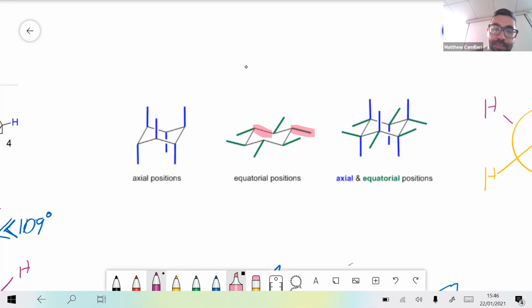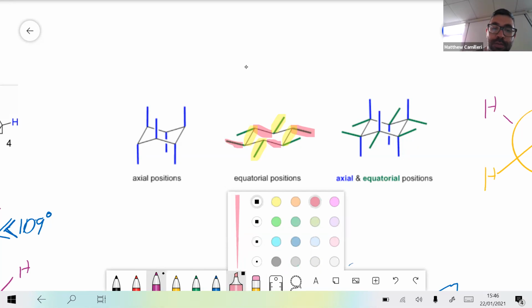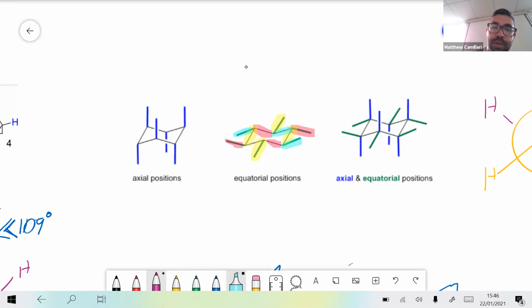So those are parallel, and parallel. Keep this in mind and that should help you. Because they are parallel, you would be able to get them and draw them accordingly.